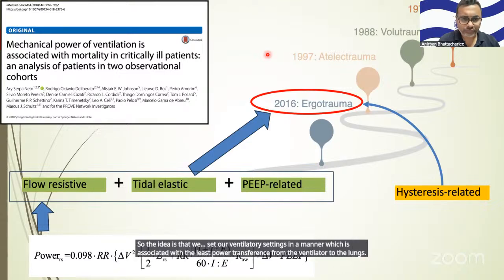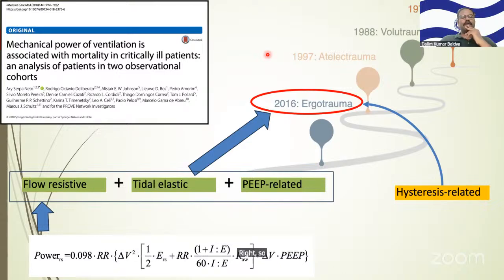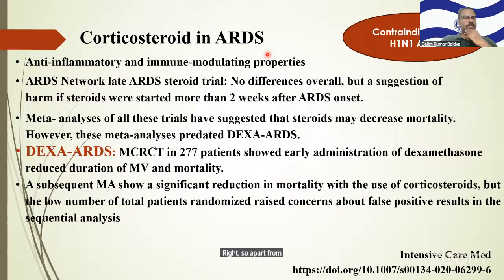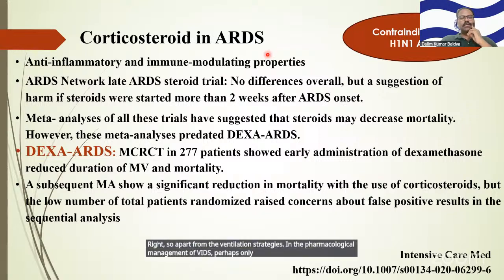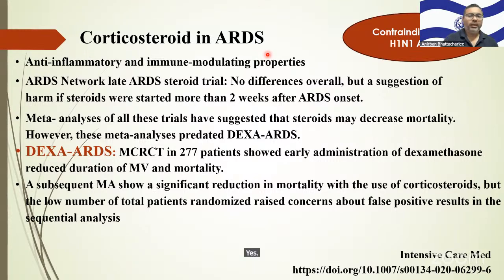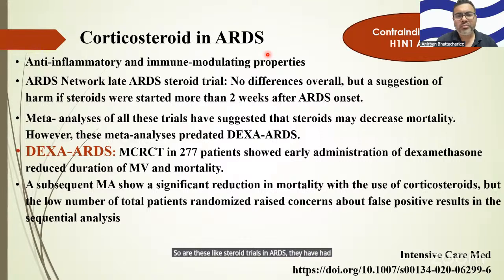Next. Right. So, apart from the ventilation strategies, in the pharmacological management of ARDS, perhaps only one intervention has shown some promise, that is corticosteroids. So, should we use corticosteroids in ARDS patients? Early steroid trials in ARDS had a variable effect on mortality.